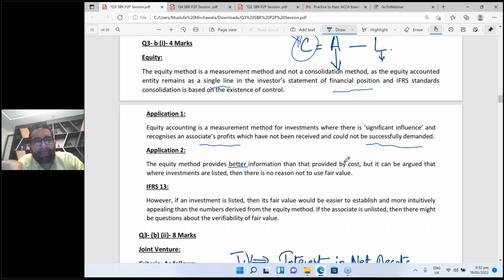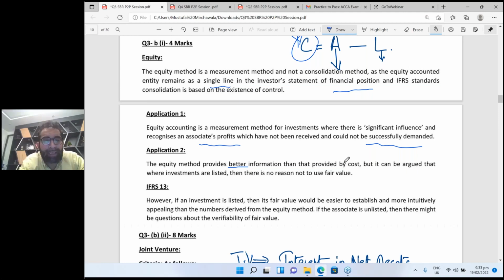It's better than cost because cost is an outdated thing. Historical cost means you bought these shares 3 years back, so now the values have changed, the performance has changed. So it's better you use equity accounting, because equity accounting at least includes the performance of the associate.